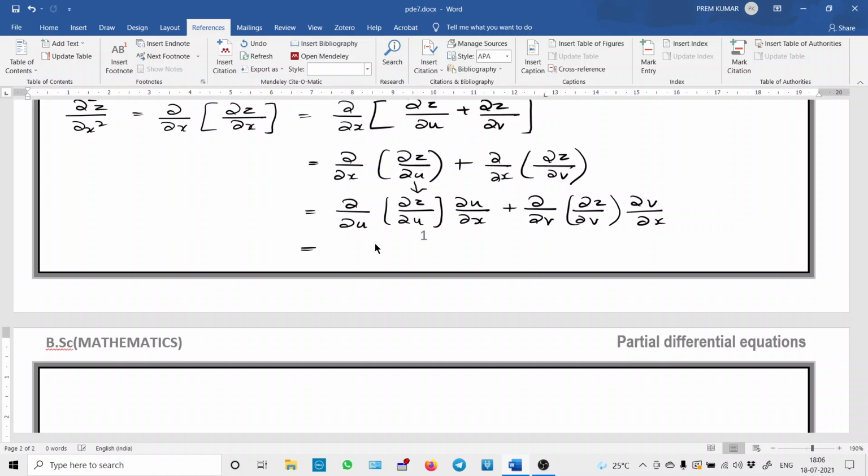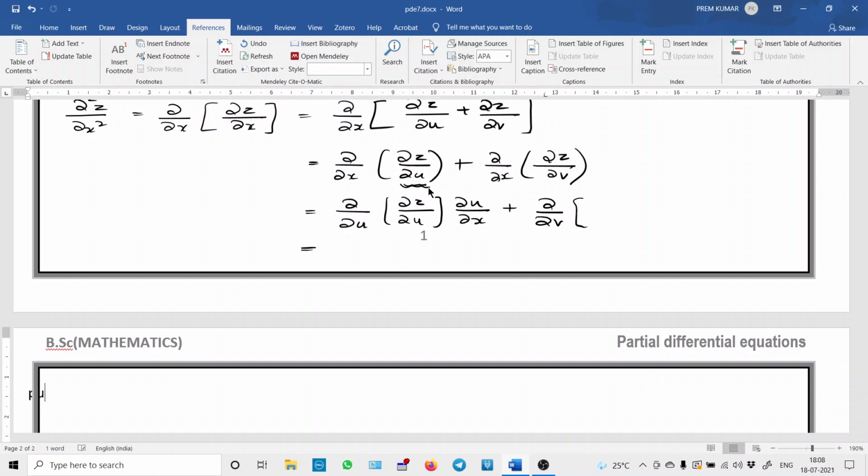So the next step, here we make some change, because this term is a function of u and v, so here first we differentiate with respect to u, then with respect to v.